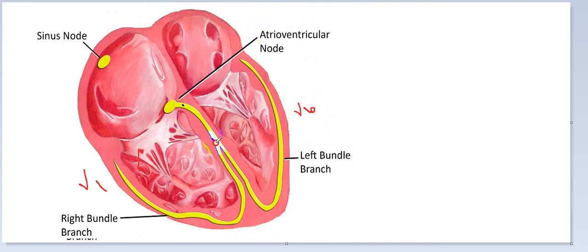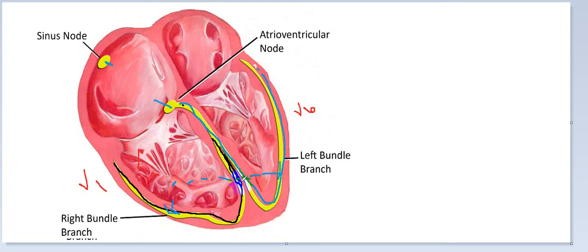Now in a right bundle branch block, the right bundle branch is blocked. So the signal going from the SA node to the AV node now goes only to the left bundle branch because it's intact, and then after it makes its way from the left bundle branch, it makes its way from the septum to the right ventricle, and it depolarizes the right ventricle.